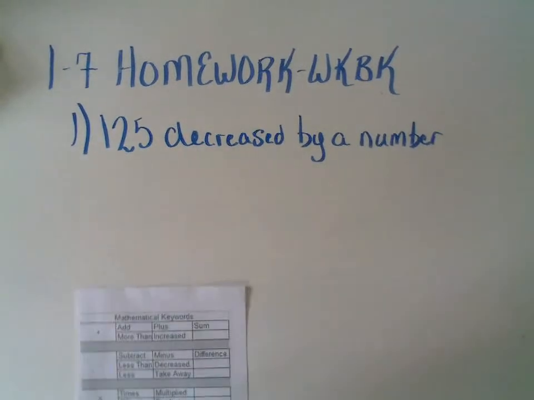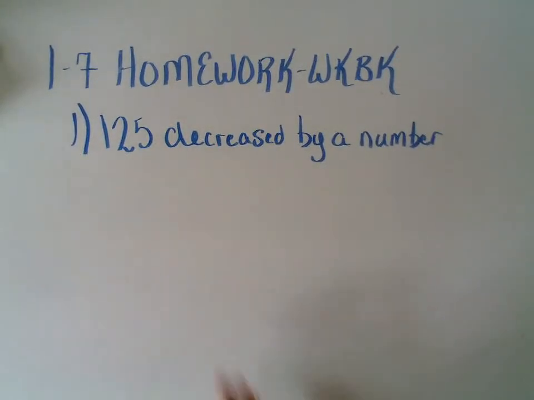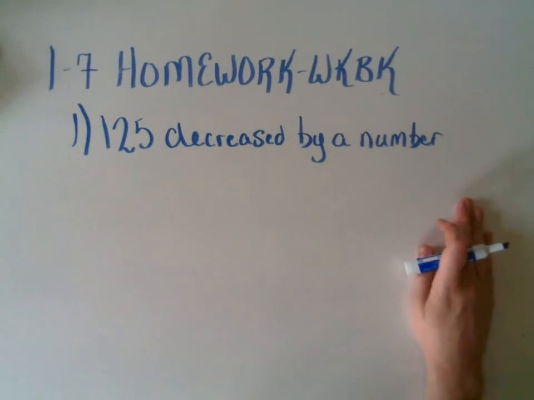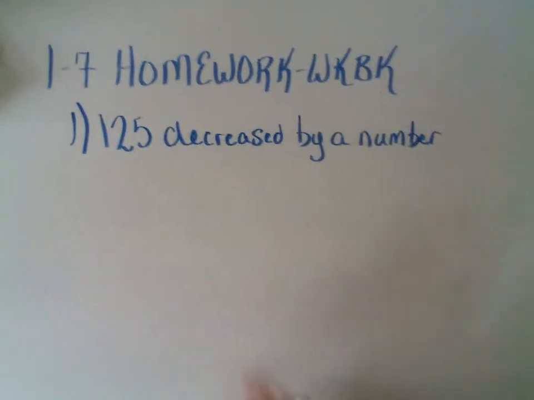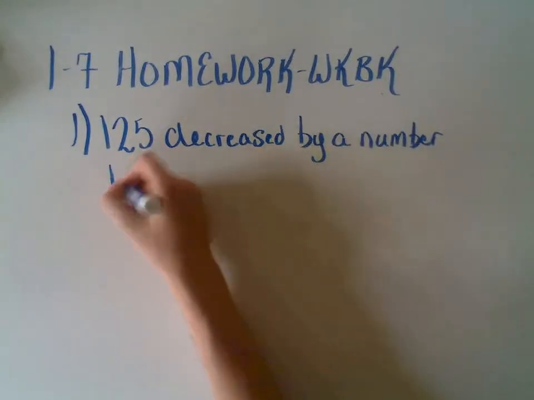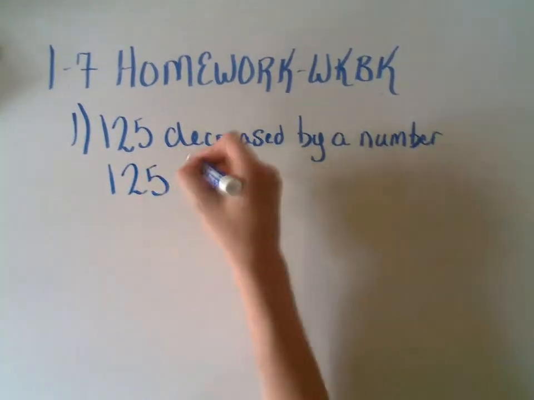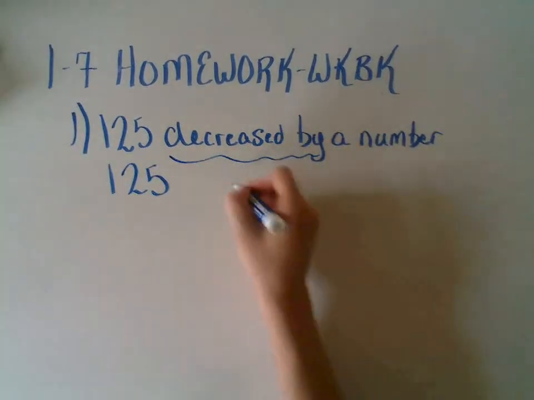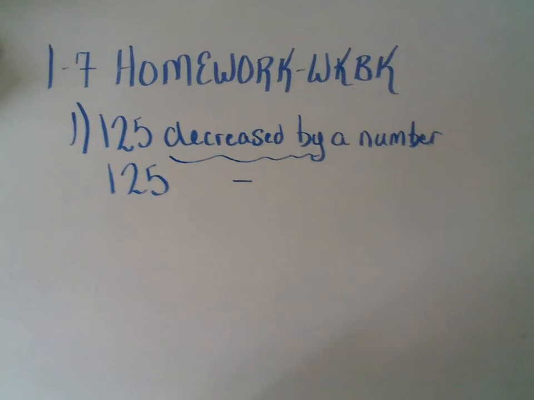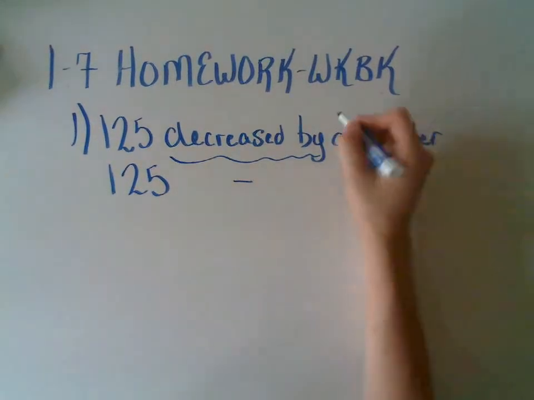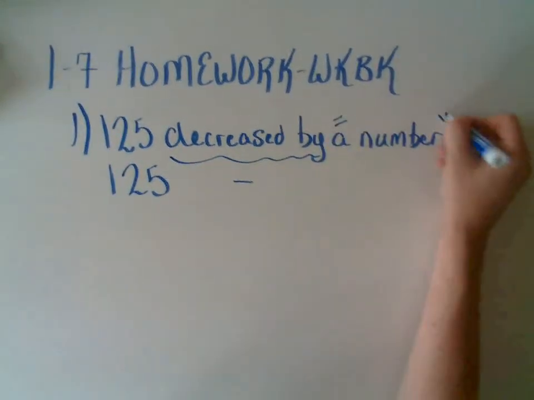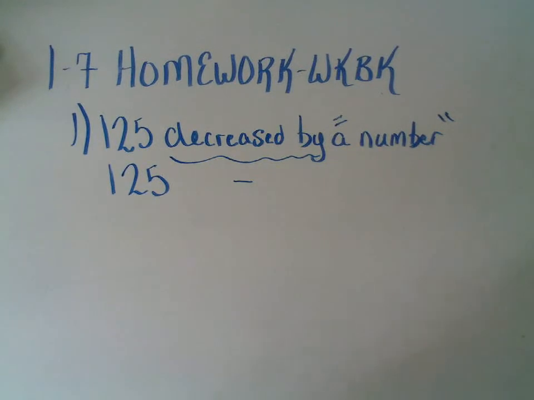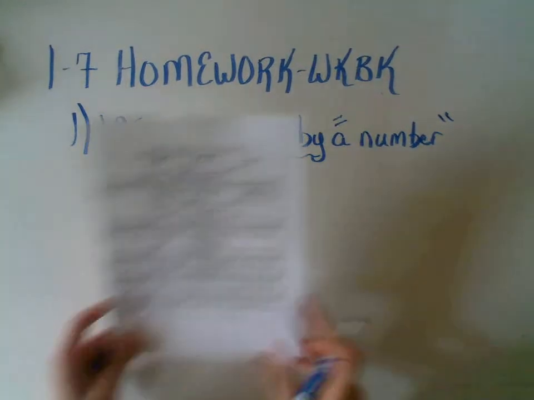And other than that, this is pretty simple. We're going to translate this right in order unless there's something a little bit jinky going on here. So we've got 125, which is going to come out as 125. Decreased by is going to translate to a subtraction sign. And a number, as you heard in class, that's kind of like the what number phrase, which is also on your reference sheet here.